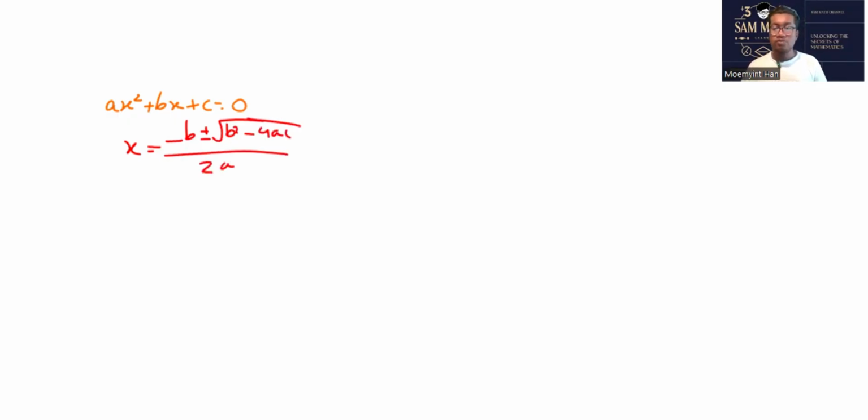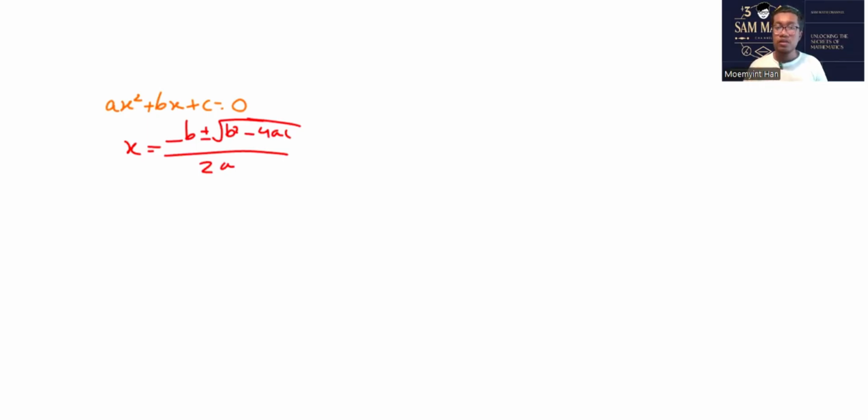So we have the standard form over here, ax squared plus bx plus c equals 0, and we have the formula x equals negative b plus or minus the square root of b squared minus 4ac, over 2a. I have shown you how to substitute your equation into this formula.